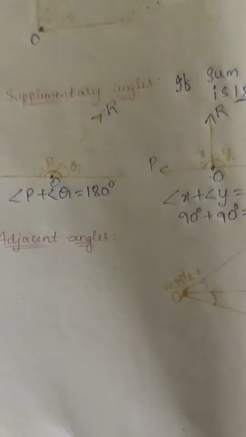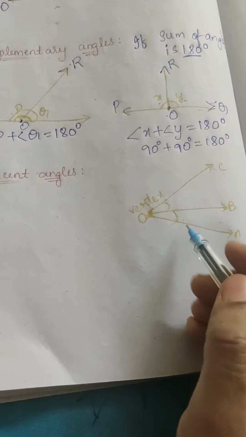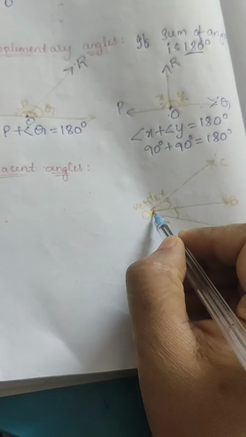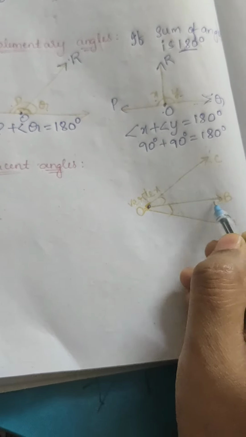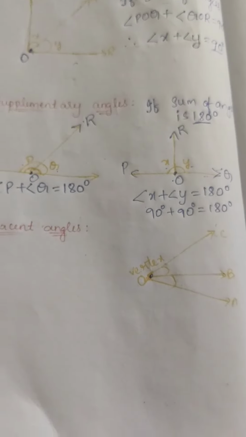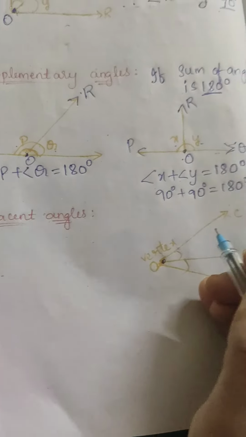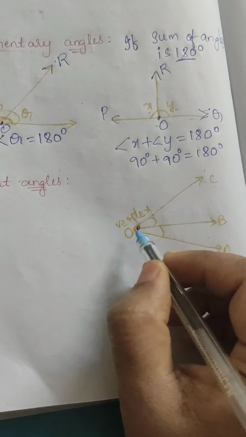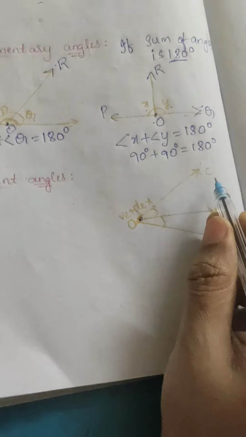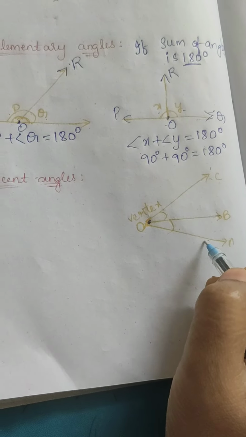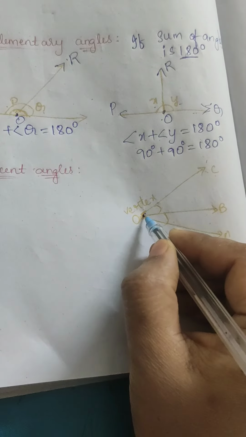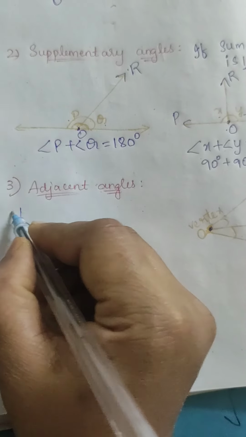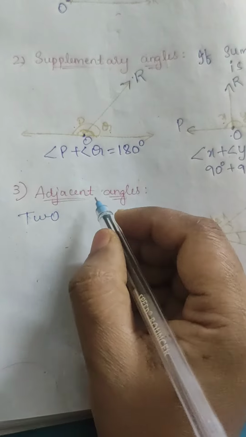What are adjacent angles? Here I have an angle, and this is the vertex O and this is the arm B. Two non-overlapping angles. Do these angles overlap each other? No. Two non-overlapping angles are adjacent if they have a common vertex and a common arm. What are adjacent angles?